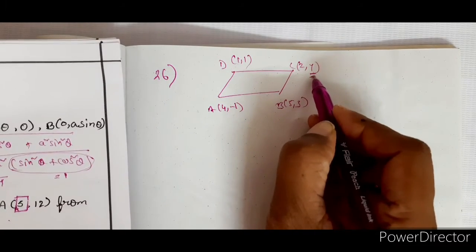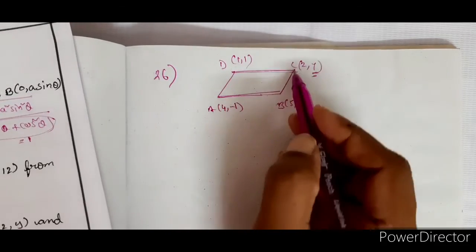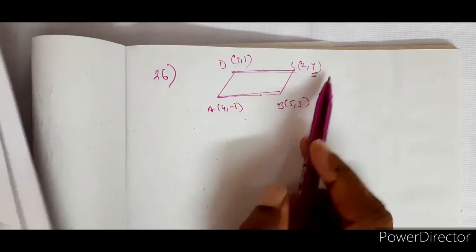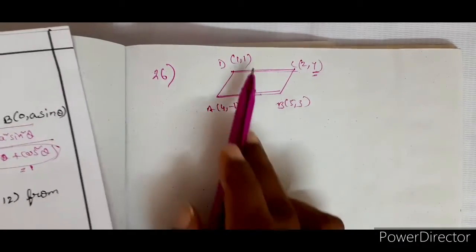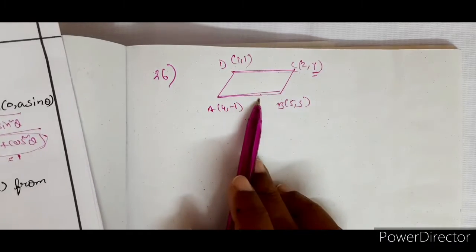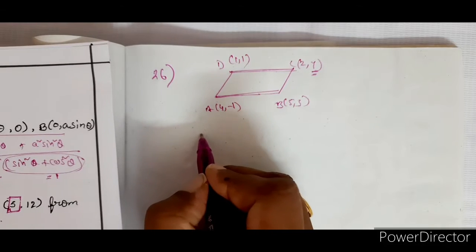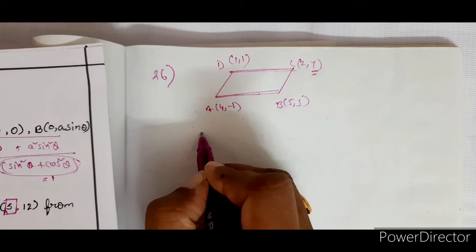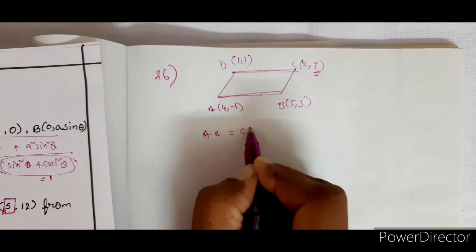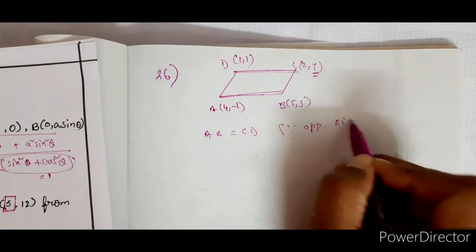You can equate this distance to this distance, or this distance to this distance, because with a single variable, a single equation is enough. No need to do both. If x is also a variable, then you have to solve both equations for two variables. So let us take AB is equal to CD, since opposite sides are equal.